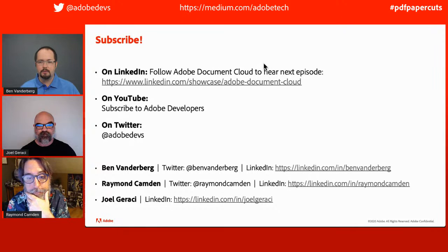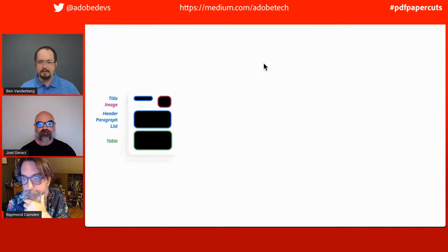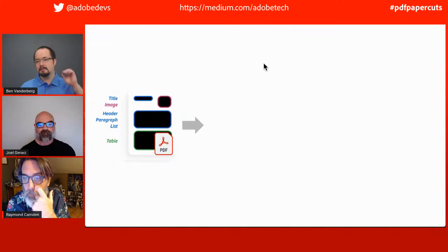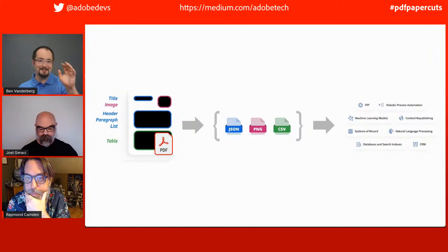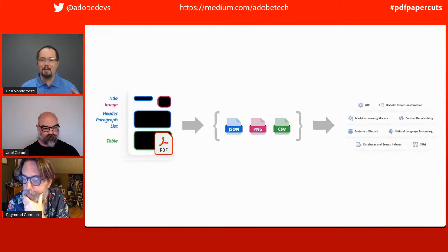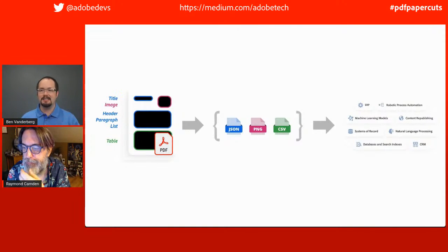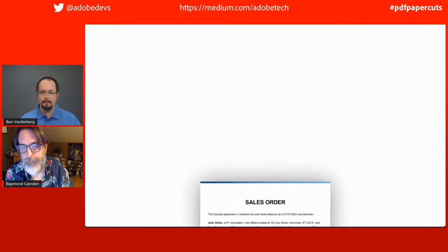The other thing I wanted to touch on is that in the next session, we're going to be talking all about Extract. It sounds like there's definitely some interest from people on Extract, so we're going to get a deep dive in our session there.